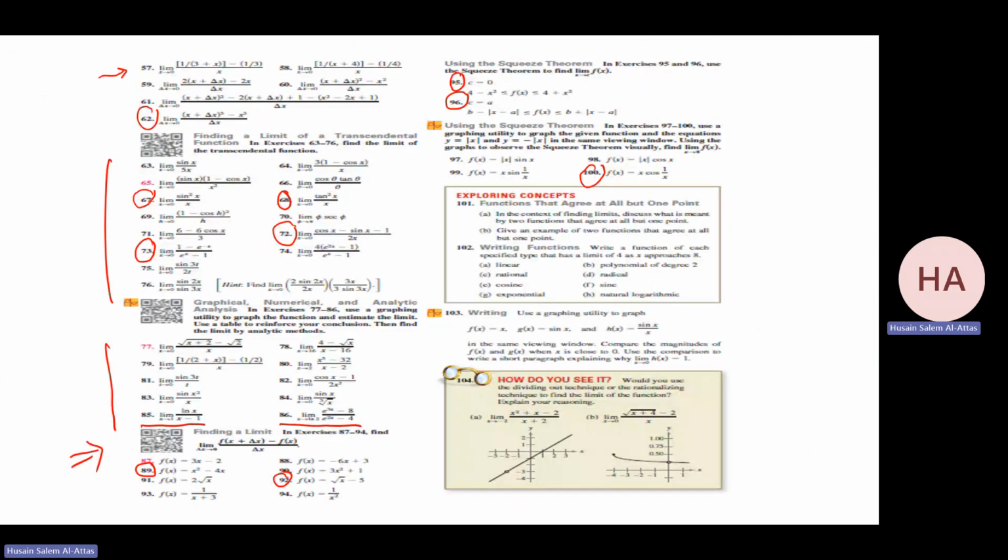Now let me move to more problems. I'll do now 95 and 96. 95 is what? Squeeze theorem, where you have 4 minus x squared less than f of x less than 4 plus x squared. And you want to find limit x goes to 0 of f of x.